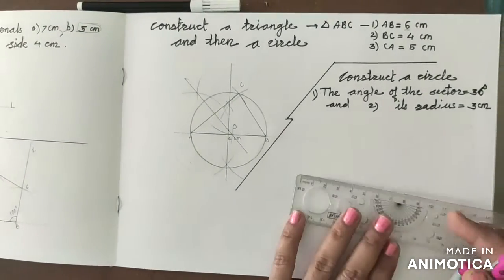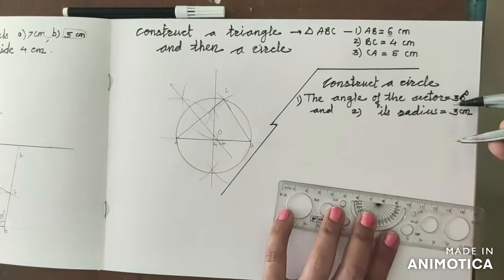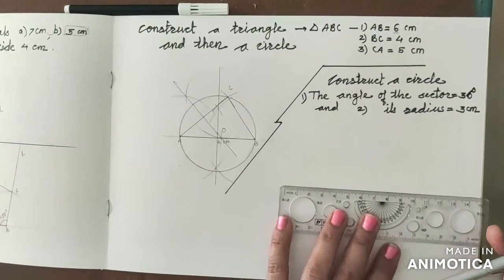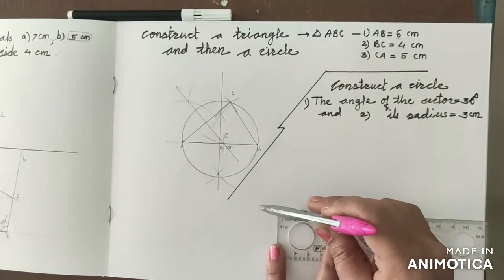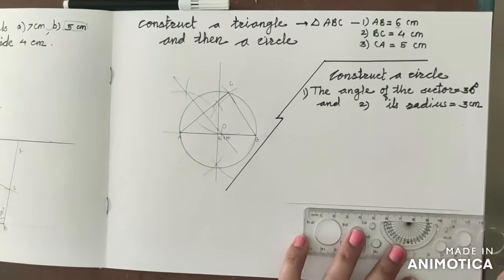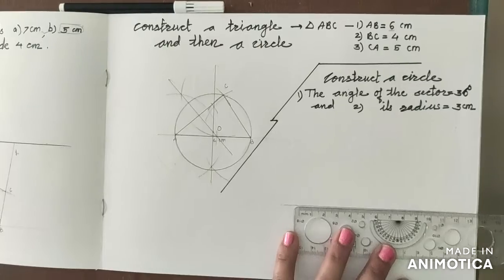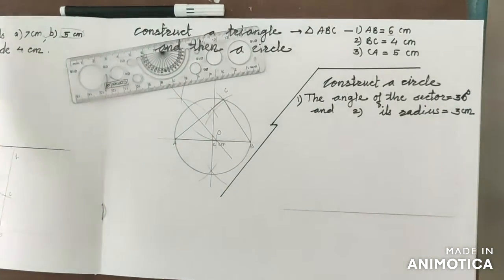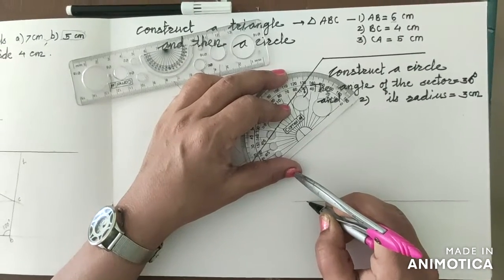For that, draw the sector first, 36 degree. Draw a line, 36 degree. Here we need to use a protractor. Place one point like that.